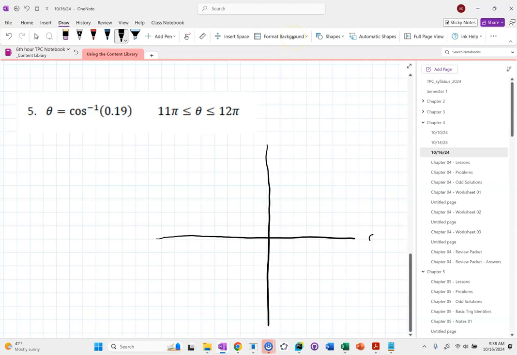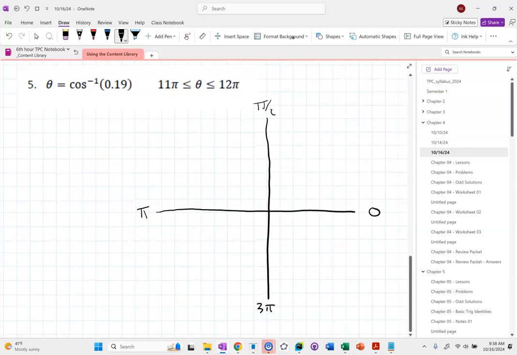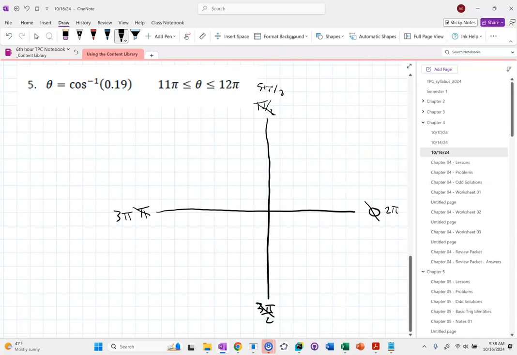Okay, so we start at the positive x-axis with 0. And then how much do we count by? Half a pi. So pi over 2, pi, 3 pi over 2, 2 pi, 5 pi over 2, 3 pi, 7 pi over 2, 4 pi.